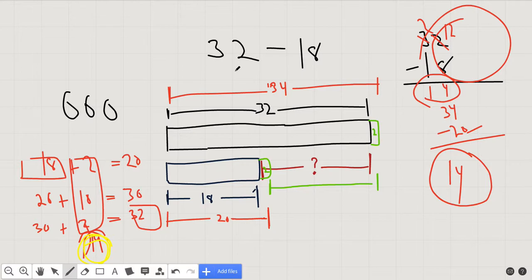They actually understand 32 minus 18 should be around 14. So think of this more as estimation. These are tools to help students estimate. It's mental math skills. It's number sense. But I fully disagree with sending a bunch of questions home with the students and having them write these methods down.